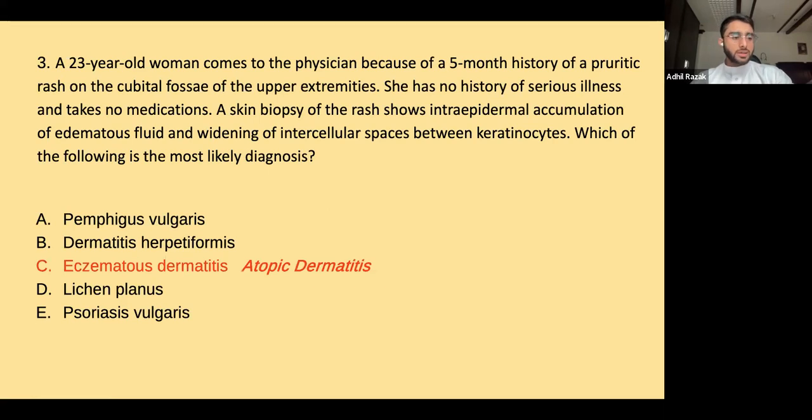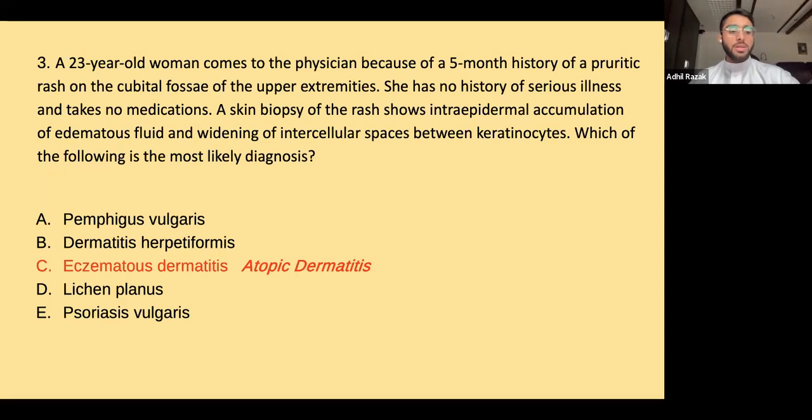Eczematous dermatitis is an umbrella term, honestly, and it consists of atopic dermatitis, irritant dermatitis, contact dermatitis, a lot of this stuff, but your lecture focuses on atopic dermatitis. So in this patient, you have a situation of atopic dermatitis. It's a young woman, presenting with a 5-month history of pruritic rash on the cubital fossa, which is a flexor surface.